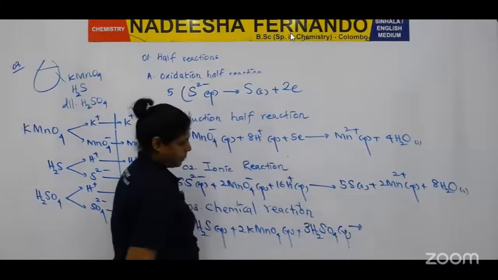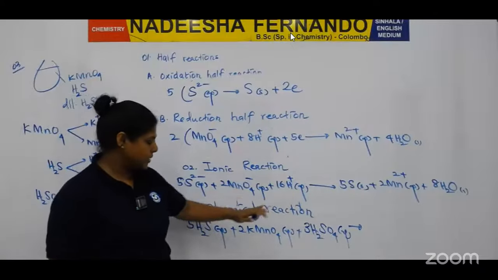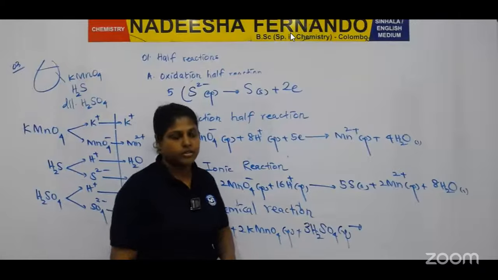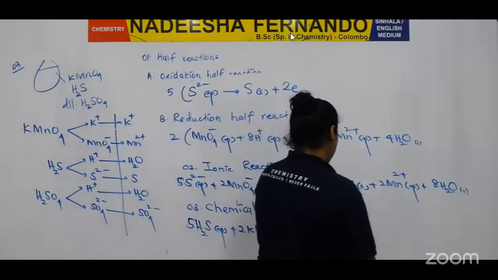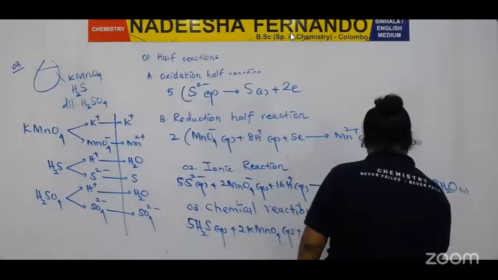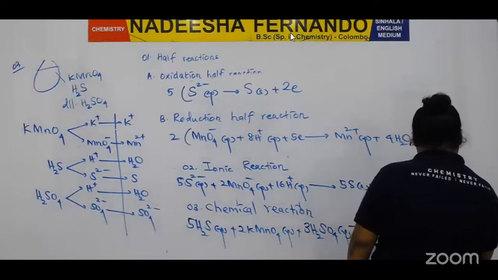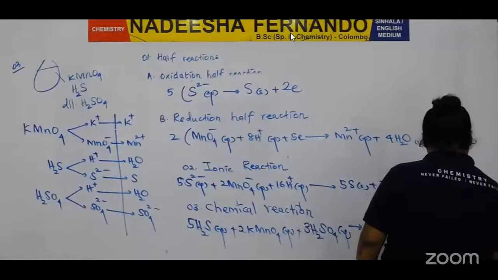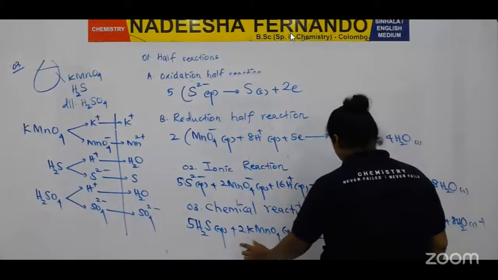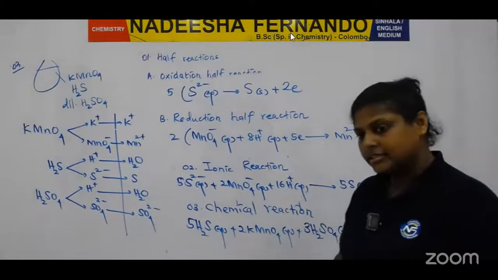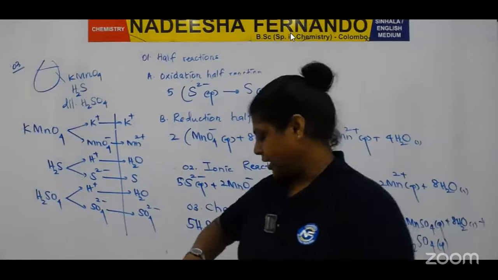Got it? So total is 16 H pluses, 5 times 2, 10, plus 6. Then 2 MnSO4, 8 H2O liquid, plus here 2 potassium, 1 K2SO4. Got it?